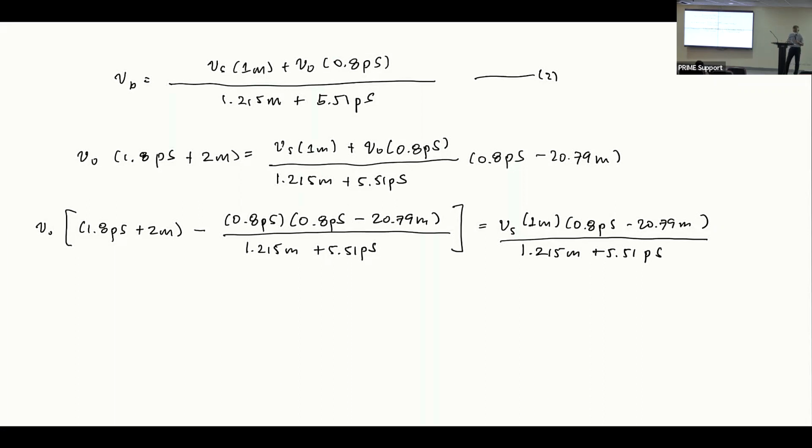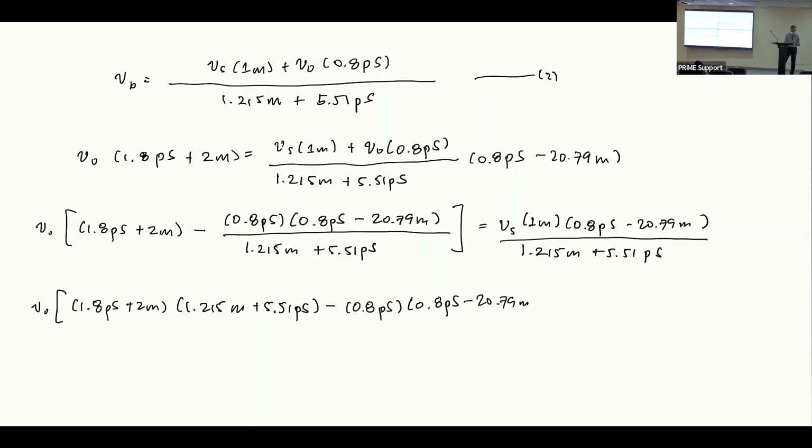As far as that. So I'm going to get V sub O 1.8 PS plus 2M times 1.215M plus 5.51 PS minus 0.8 PS minus 20.79 M is equal to VS 1M 0.8 PS minus 20.79 M. Okay.